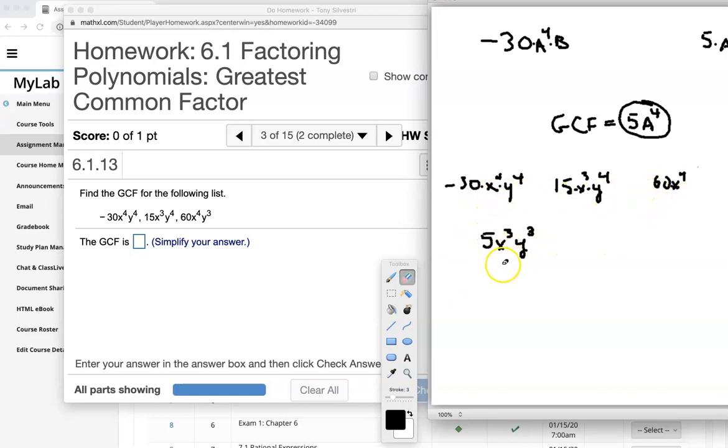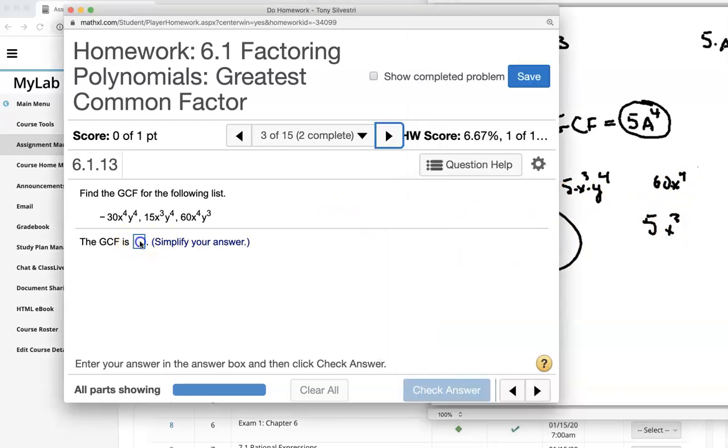X is common, so I took care of the x. In this case, y has to be common to all 3 terms, and it's not. I would not include a y in my answer for this problem. For this problem, the answer would be 5, x cubed. No y's, because y has to be common everywhere. But for the original problem, that's what we have for an answer.